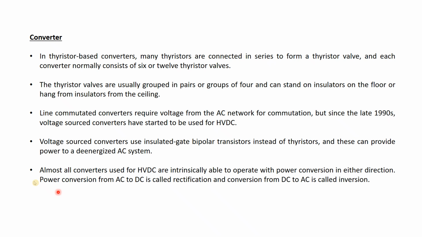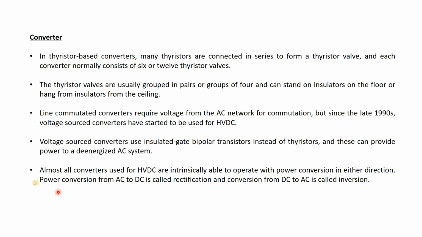Okay, now line commutated converters require voltage from the AC network for commutation, but since the late 1990s, voltage source converters, that is the VSCs, have started to be used for HVDC.